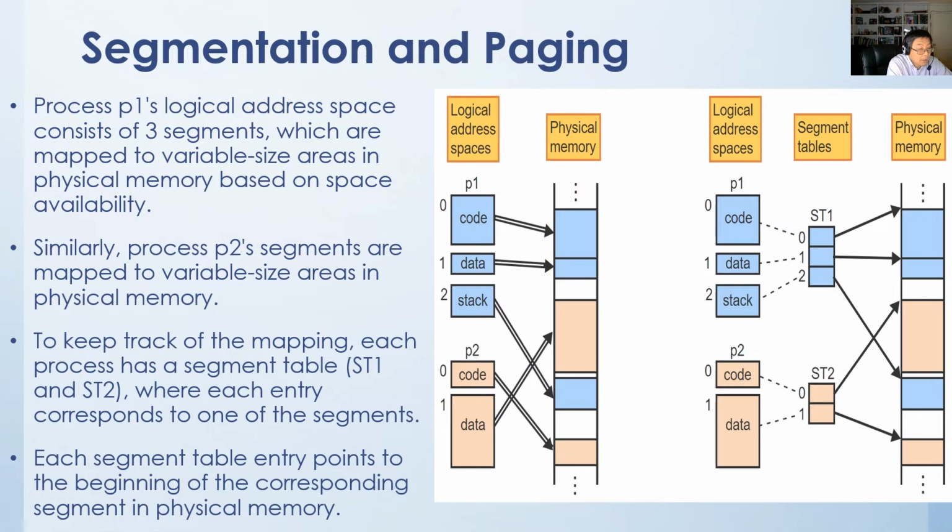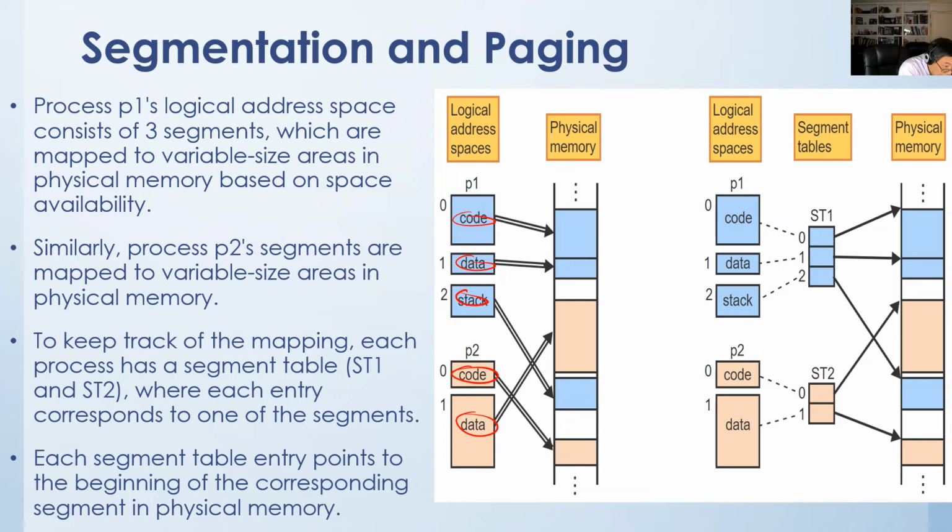So now let's take a look at this. Here we have two processes, process 1 and process 2. Now process 1 has 3 segments: the code, data, and stack. And process 2 has 2 segments: code and data.